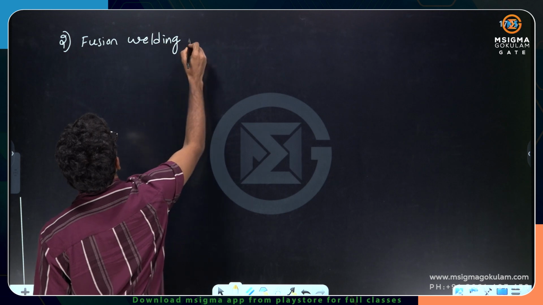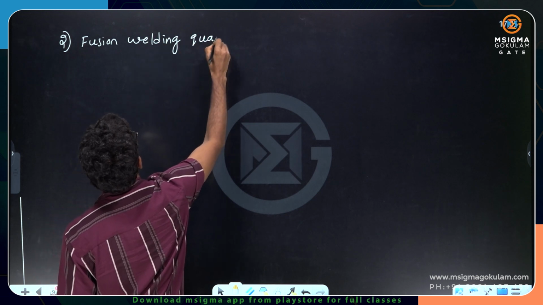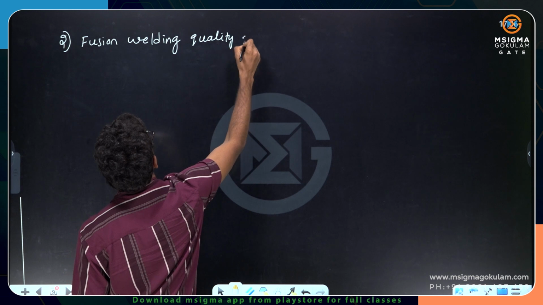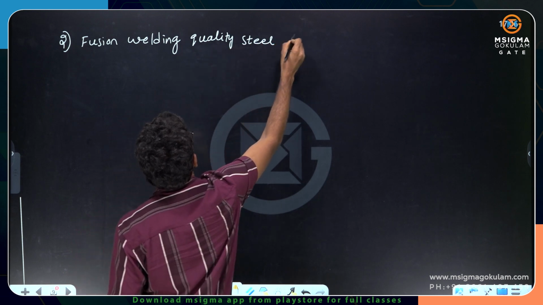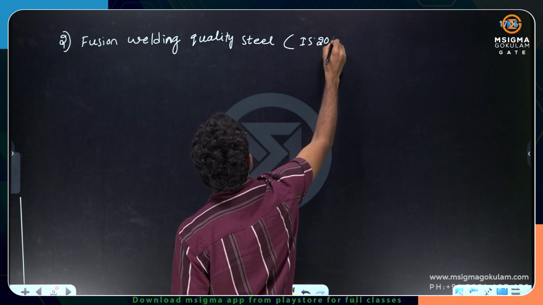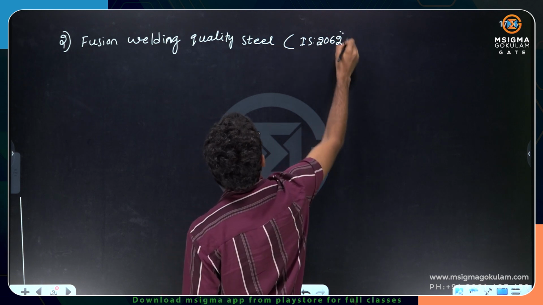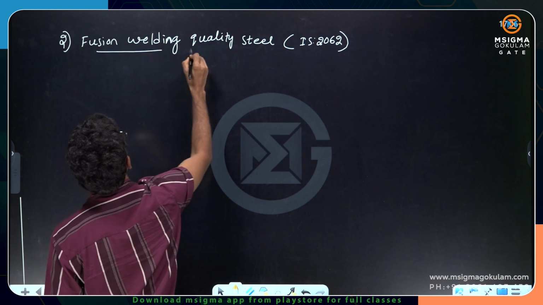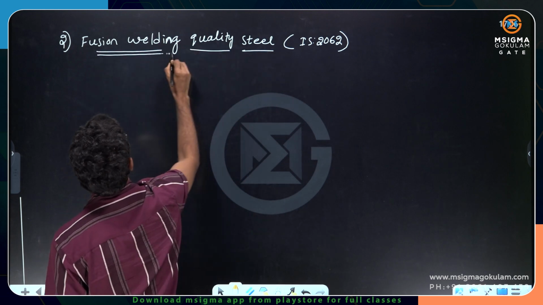This is another type of steel, fusion welding quality steel. There is a code IS 2062. This is a separate code for fusion welding quality steel.